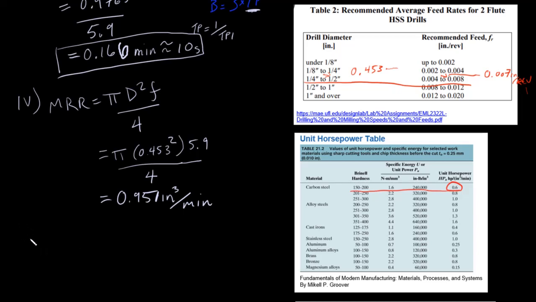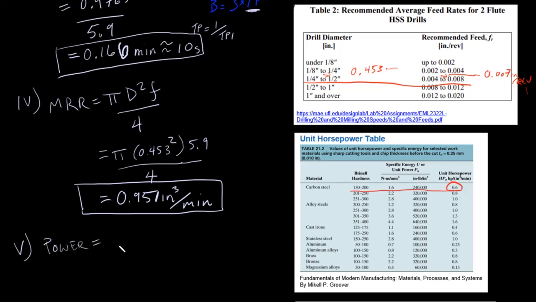Okay, so now that we know that, put it in a box, and we'll use that number to calculate our power. So power again equals our unit power times our material removal rate. And it's the same material, so we looked up earlier that it was about 130 Brinell hardness.